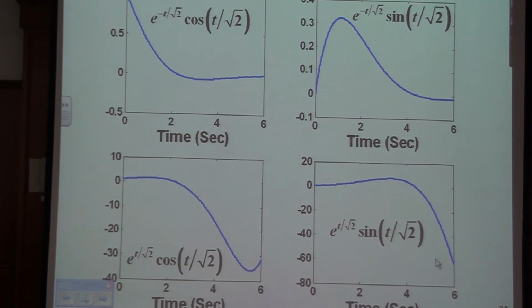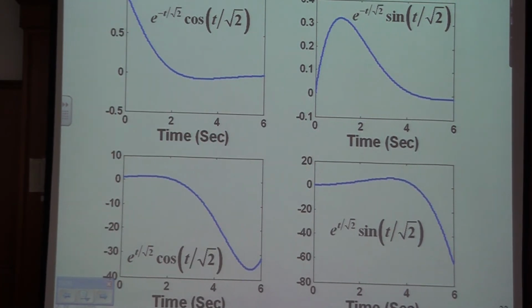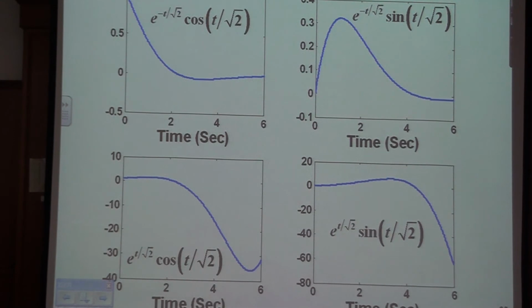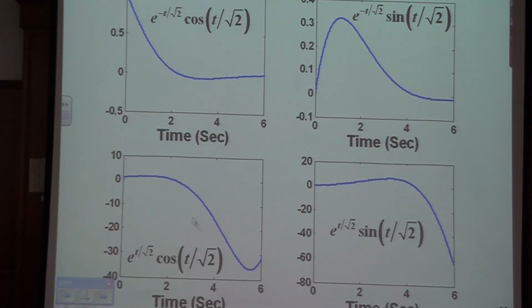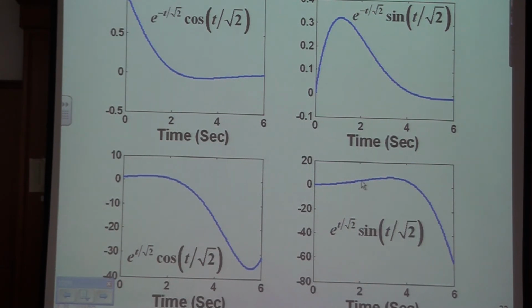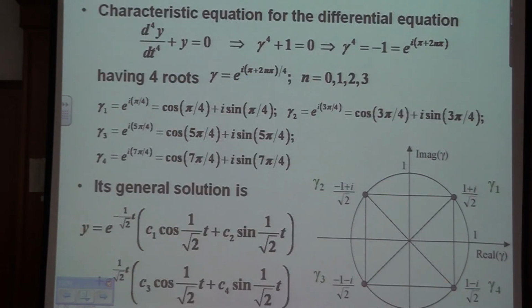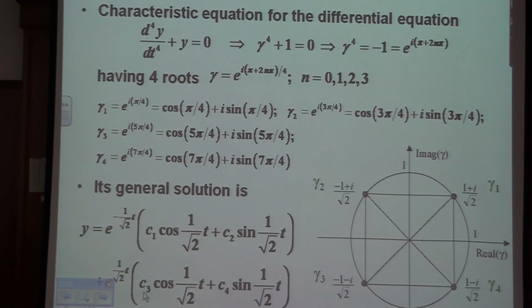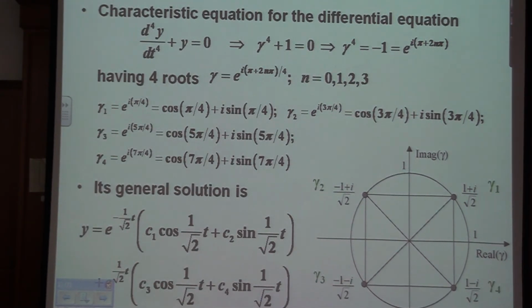Be careful with this plot because there's some negative sign involved. But it just shows you it doesn't matter whether it grows on the negative side or the positive side. It's growing. That's what we call the unstable term. There are two unstable terms and two stable terms. The only way this system becomes stable is if your C3 equal to 0 and C4 equal to 0.